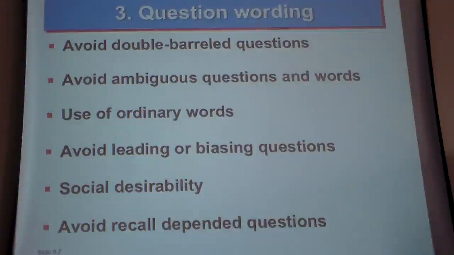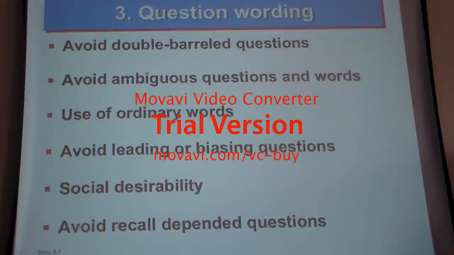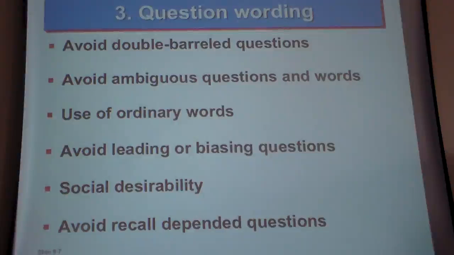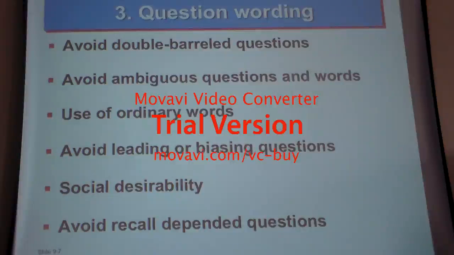So try to make your questions very simple and clear. Don't use ambiguous words, words that you cannot interpret or understand, maybe abbreviations. Use ordinary words, the words that all people use, in ordinary life, in ordinary speaking, in ordinary writing.